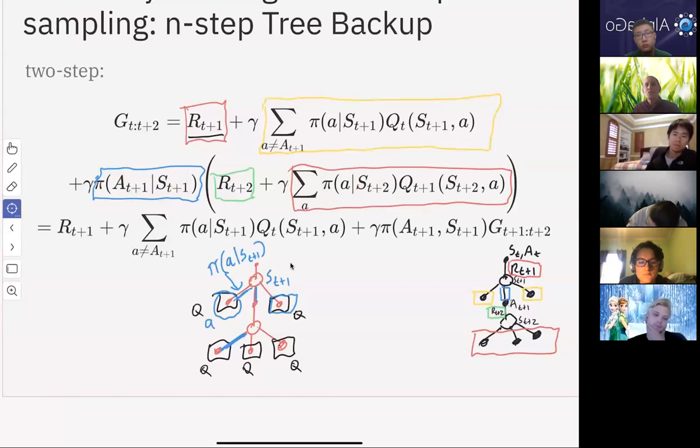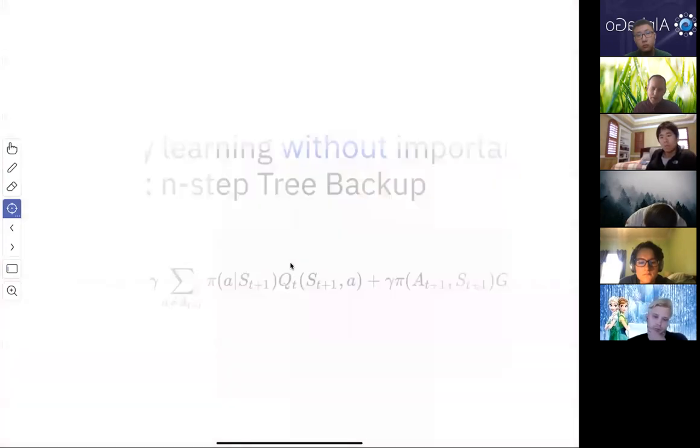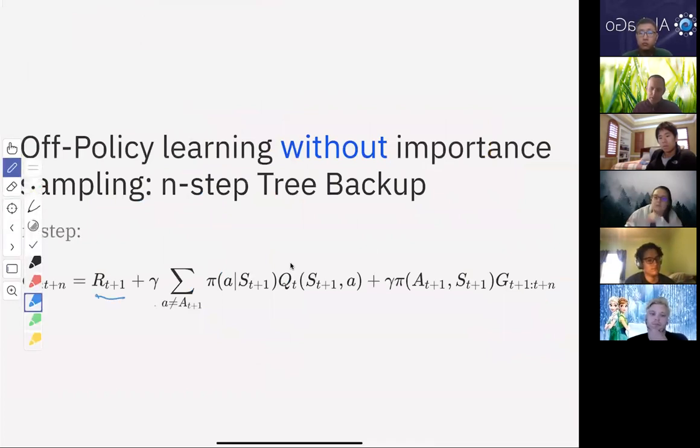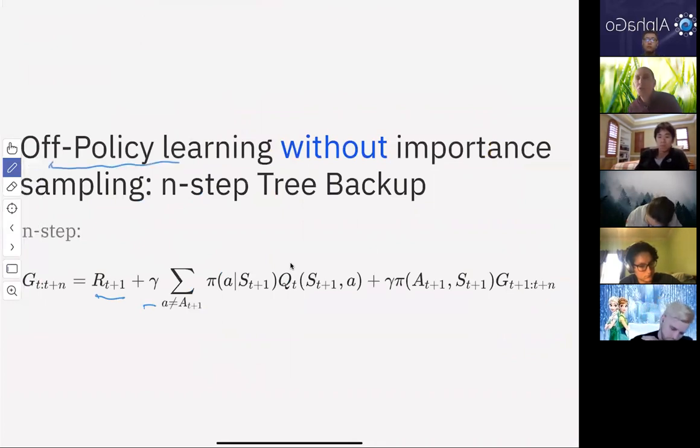The n-step just generalizes directly from there. The n-step says, we look at the immediate reward here. We then discount. We then branch out and look at our expectation for everything except the action we're actually taking. Why are we taking this action? We don't know, right? We're off policy. We just observe that this action is happening.